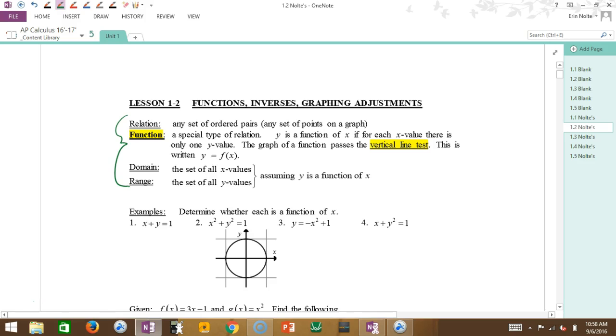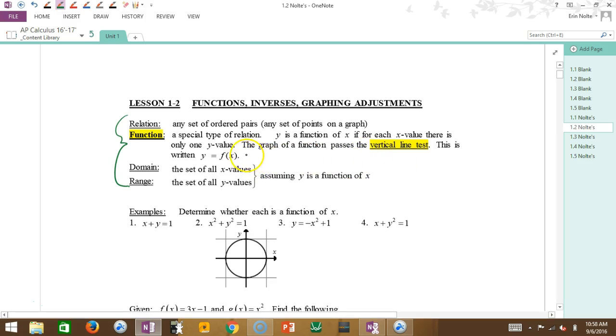A relation is just any set of ordered pairs. Basically, if you have an input, there is an output. Okay, so a function goes slightly further with that idea and making sure that the input can only yield one single output. So you can't have, if I put a function of 2 in, it's not going to give me more than one output.